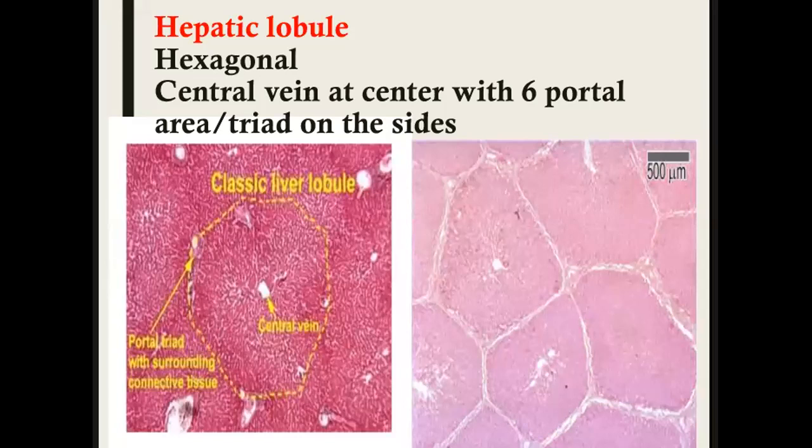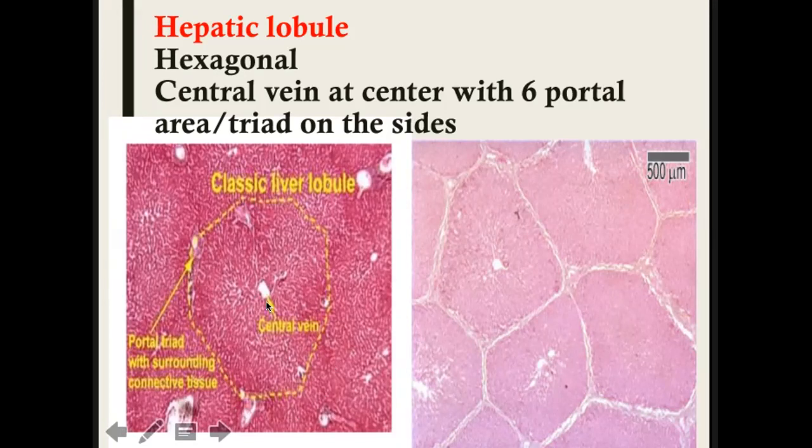As you can see, this is the hepatic globule or the classic globule. They are described as hexagonal in shape, as you can see in this illustration. They have the central vein at the center, with 6 portal areas or portal triads on the sides.